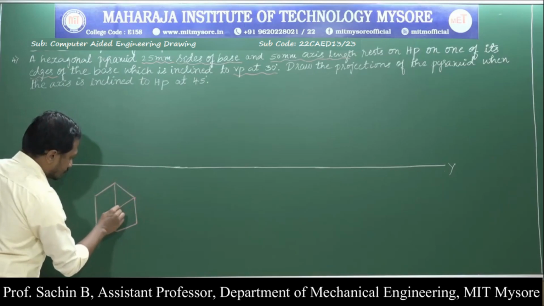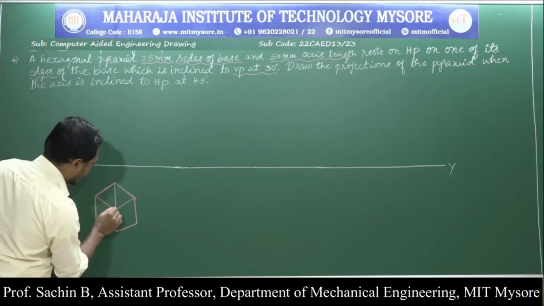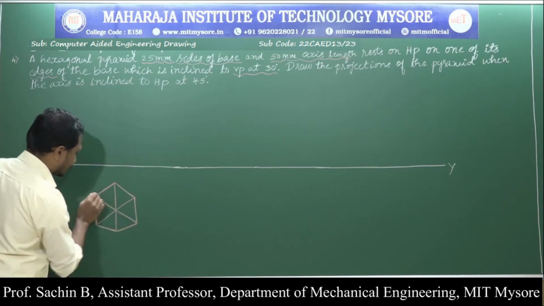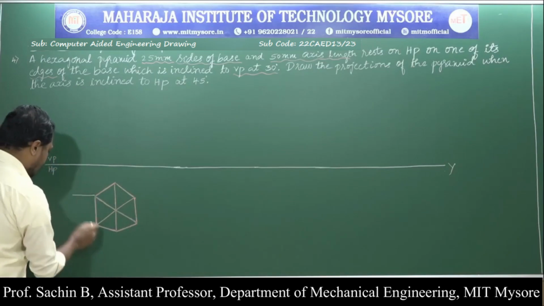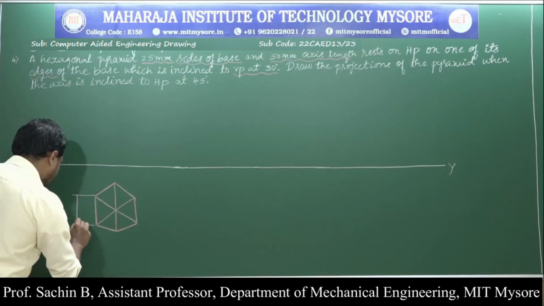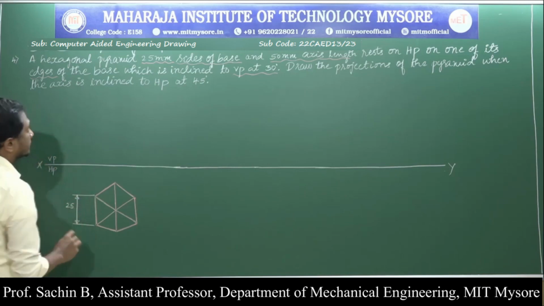In the top view, the hexagonal pyramid slant edges are clearly visible for us. Next, I will go for showing the dimension of it. It is exactly 25 mm, as they have given.